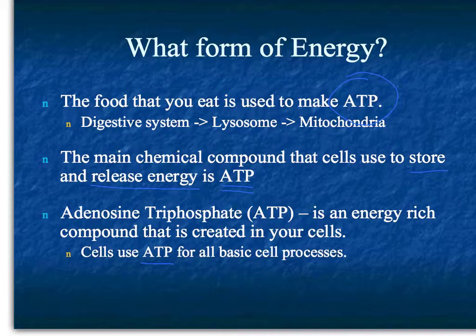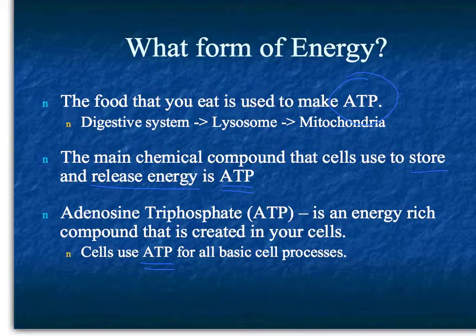Cells use the ATP for all their basic cell processes. So when we think about things like cell division, replication of chromosomes, remember the facilitated or the active transport that was requiring some energy, movement of the cells, repairing of tissues, like all of that stuff.